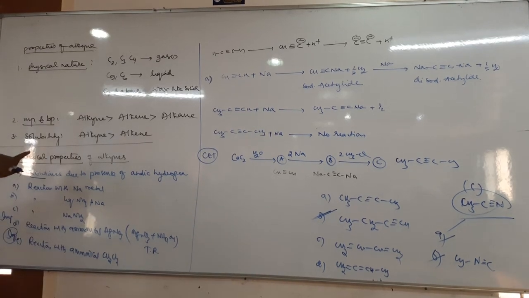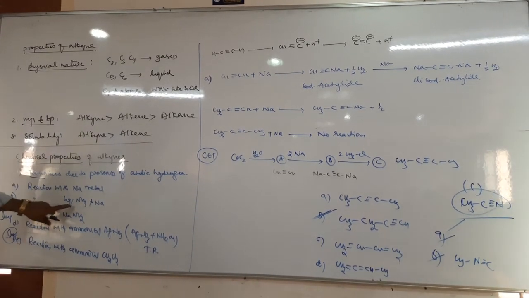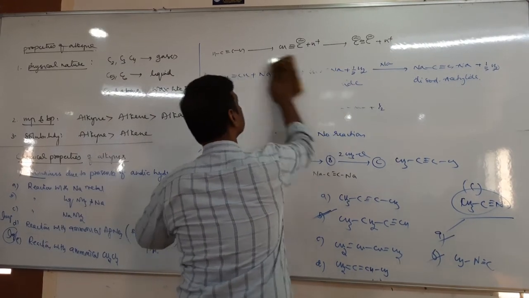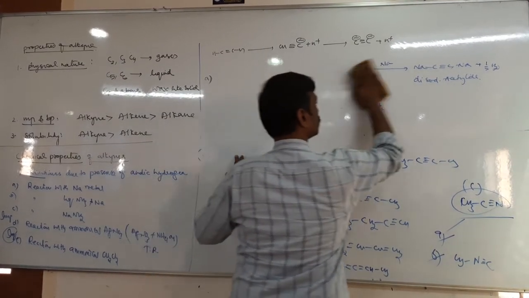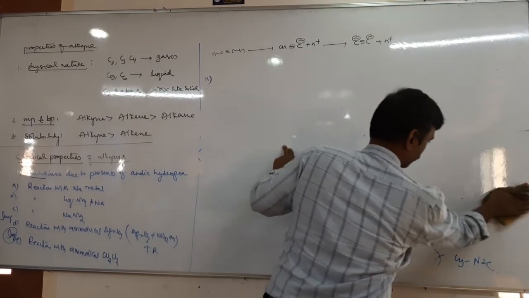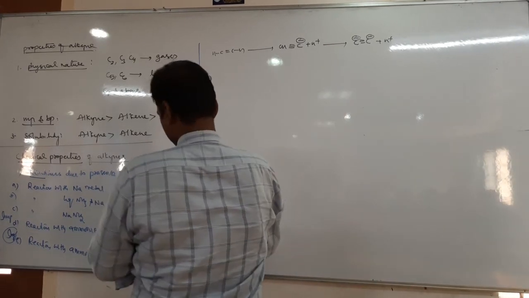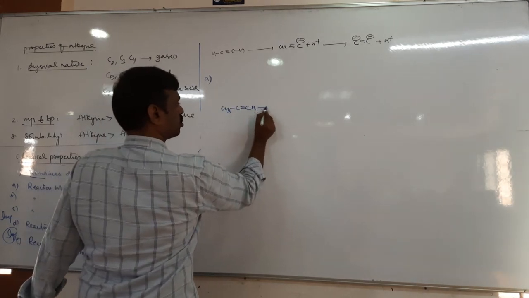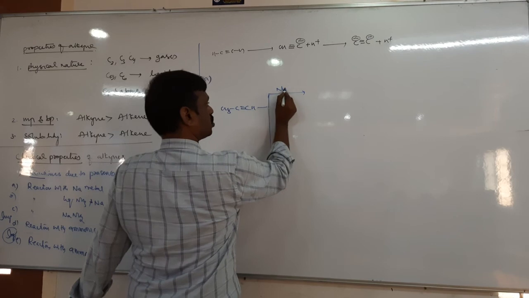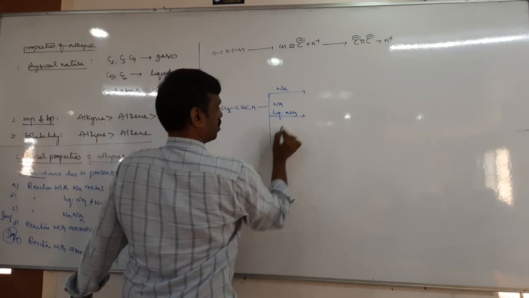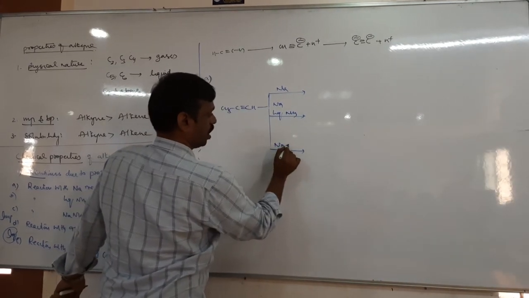Next, reaction with sodium in liquid ammonia. Now this is also the same reaction. CH3-C≡CH, A is sodium metal, B is sodium in liquid ammonia, C is sodamide.